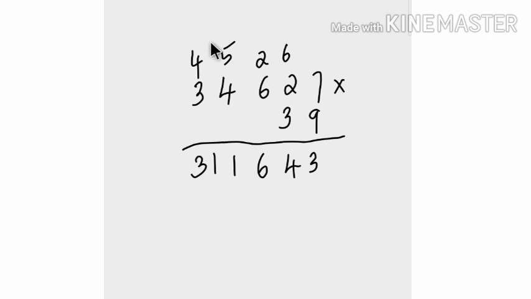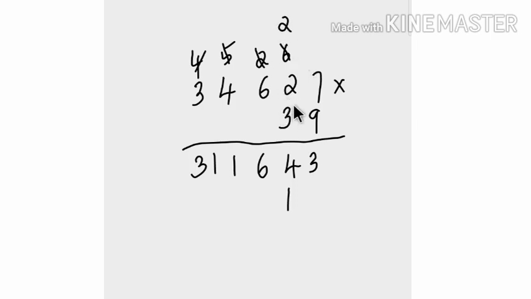So here we added all these carries. So let's cancel this. Now we need to multiply all these digits with 3. 3 into 7, 21. Write 1 here and 2 as carry.